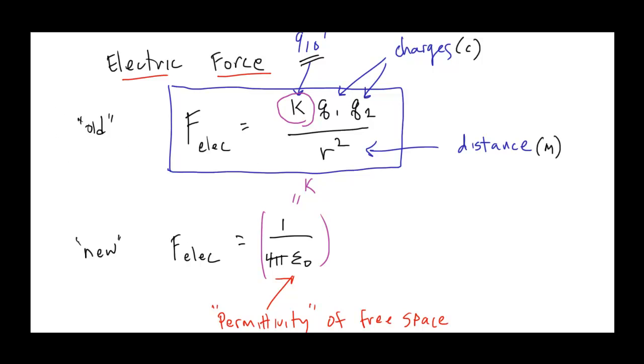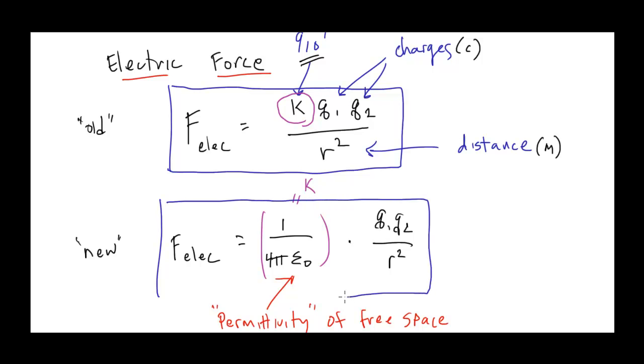So that's K. Then we take this whole thing, 1 over 4 pi epsilon 0, times Q1 times Q2 over R squared. And that's our new way of writing Coulomb's law. You could combine these terms and just say F electric equals Q1 times Q2 over 4 pi epsilon 0 R squared.